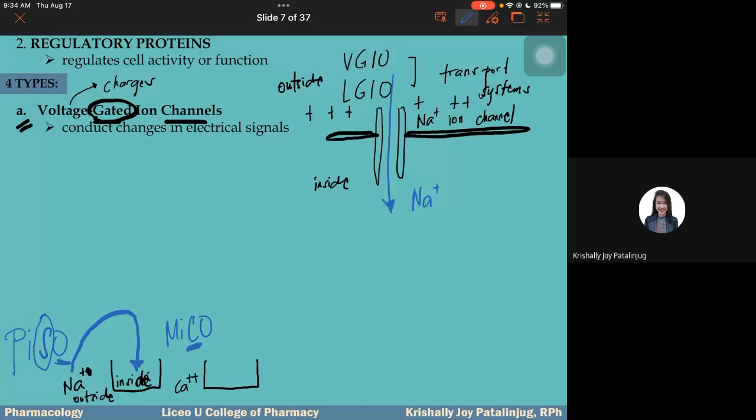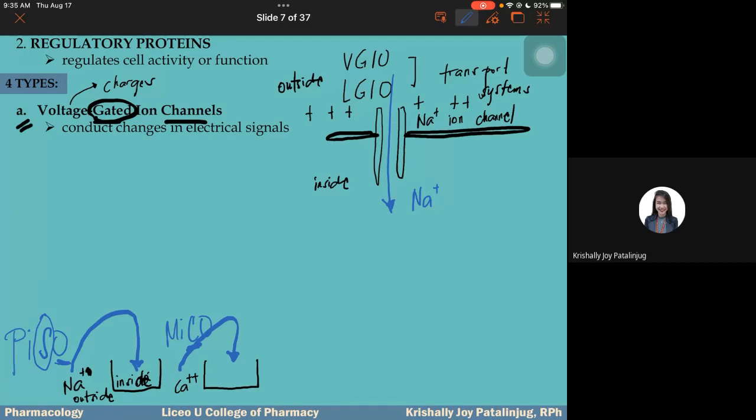So, calcium out. When the calcium ion channel opens, because it detected changes in the electrical signal, the movement of the calcium ion is towards inside the cell.